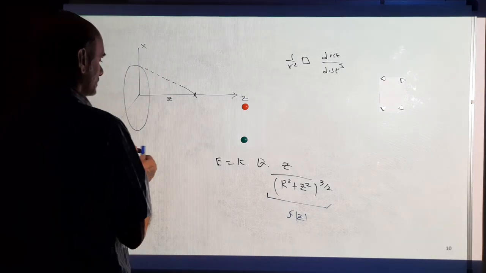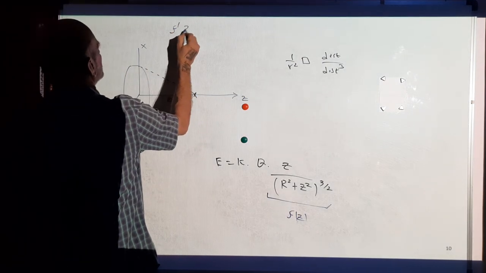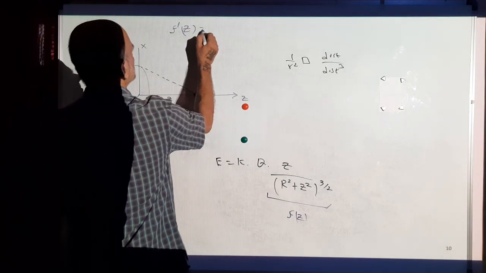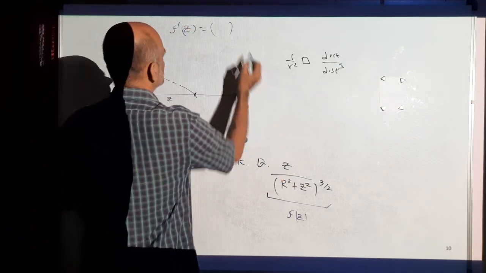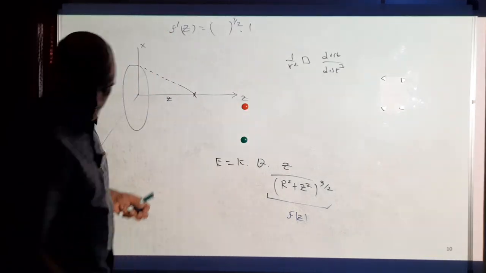So to do that, we can use calculus, f dash z. It's u by v form. So it is equal to v, which is this raised to the power 3 by 2. The derivative of u is 1.